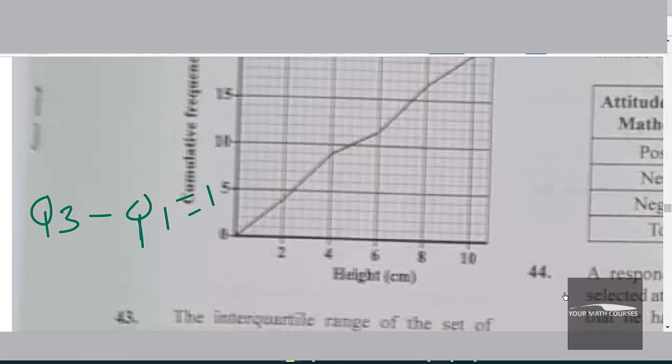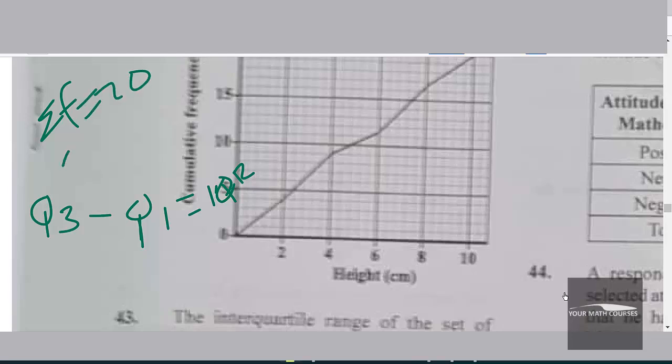That will give us the IQR, interquartile range. So we know we need to find the first quartile and the third quartile from the cumulative frequency. So we know the total frequency is 20.